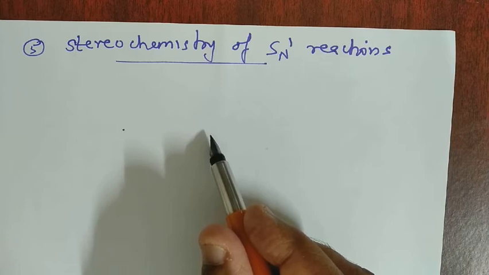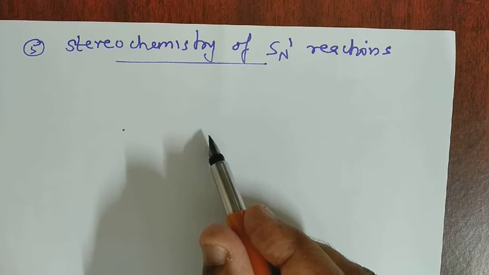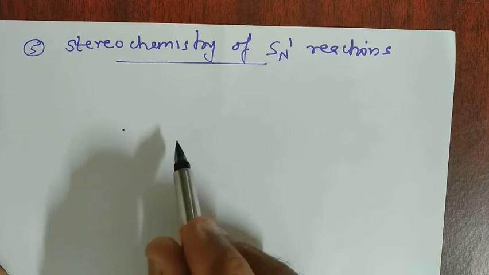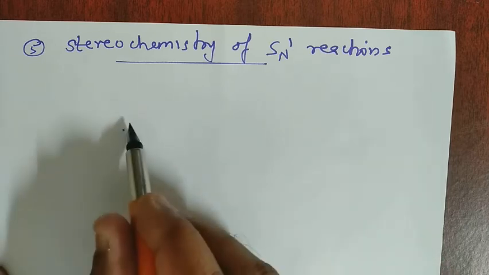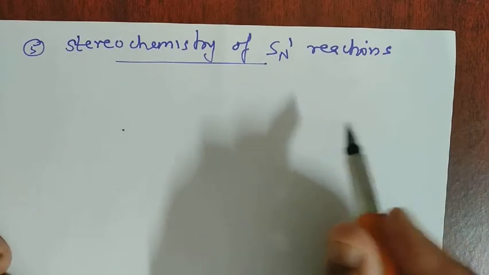For the front side approach, the leaving group must have departed from the asymmetric carbon atom. So there will be a time gap, and hence the concentration of product having the same configuration will be slightly lower. Hence, partial racemization takes place during the course of an SN1 reaction.